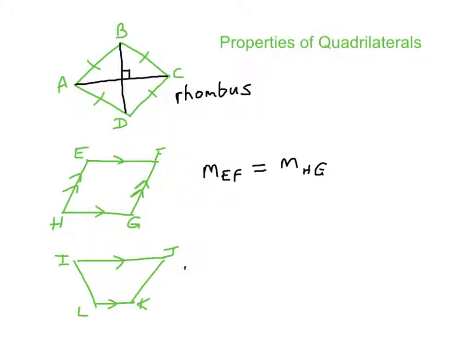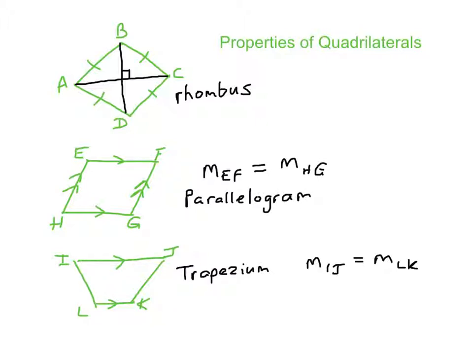With a trapezium, you would just have one set of parallel sides, so only IJ would have the same gradient as LK. This is a parallelogram.